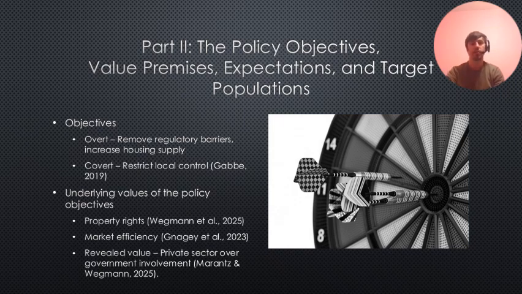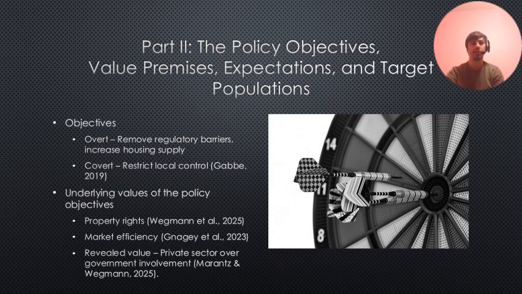The policy's value premises involve the relationships among individual citizens, the market economy, and the government. First, the ADU legislation involves individual property rights as it enables homeowners to add to their properties. Second, research suggests that this policy on residential ADU rentals can be an effective way to increase the supply of affordable rental housing and provide supplemental income to homeowners without negatively impacting property values.